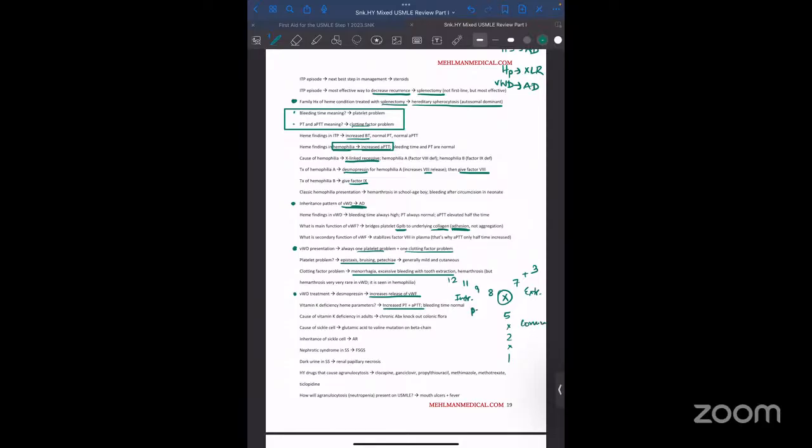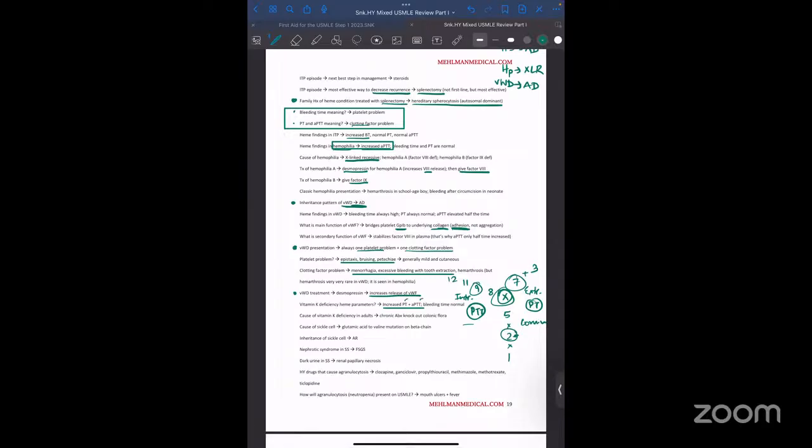We play table tennis inside, we play tennis outside, extrinsic. So for vitamin K we have 2, 7, 9, and 10, so all the pathways, right? So PT and APTT both will be increased. Bleeding time will be normal.